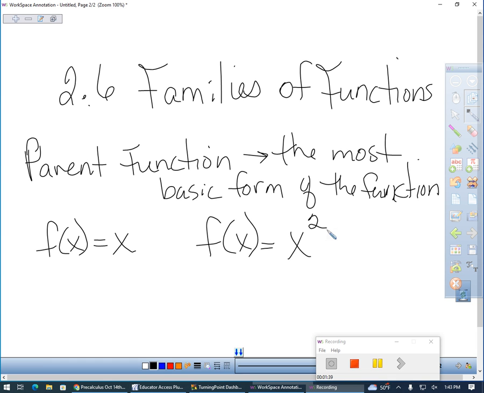And when we create these other functions, this is what we call transformations or translations. Now, those words should sound familiar. Somebody tell me some examples of transformations. Okay, so give me an example of translation.